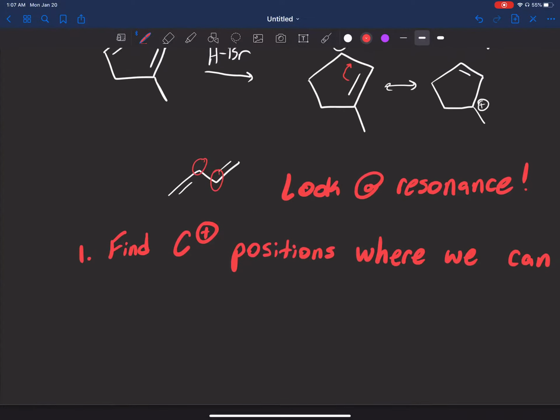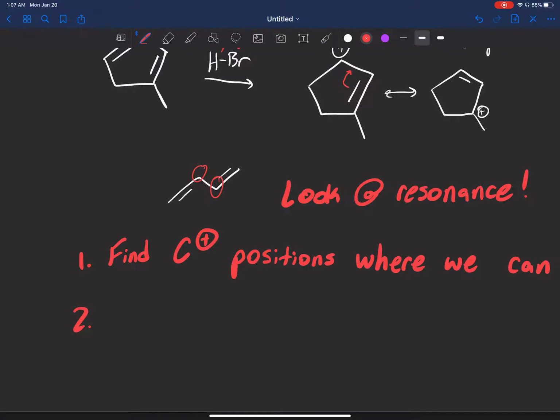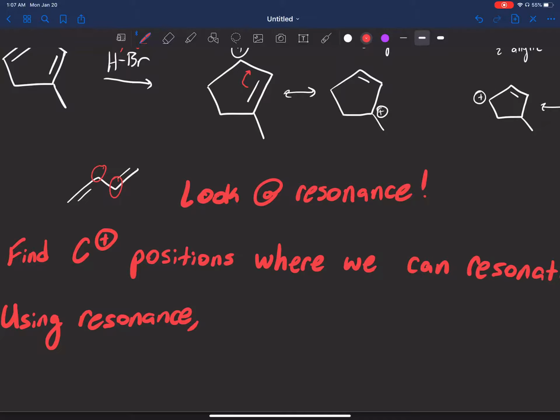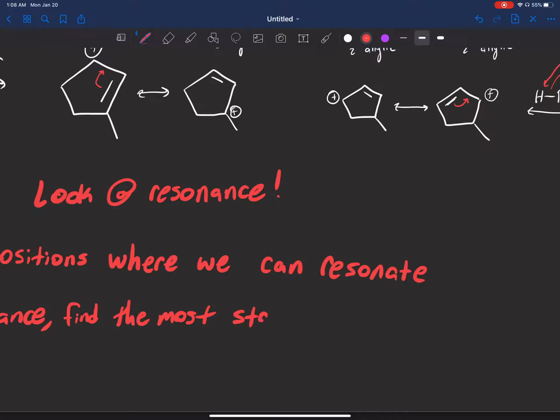That's step 1. Step 2, using resonance, find the most stable carbocation.